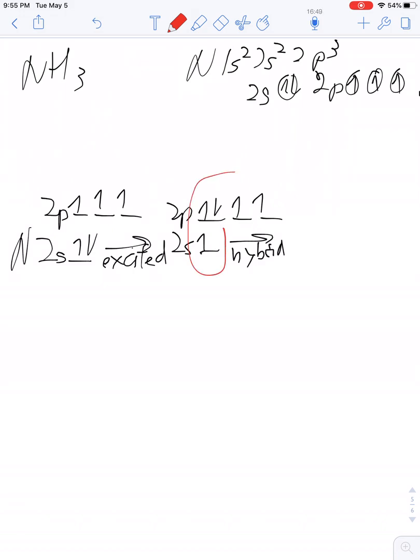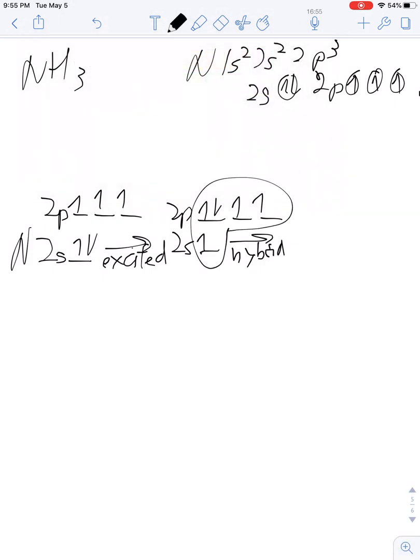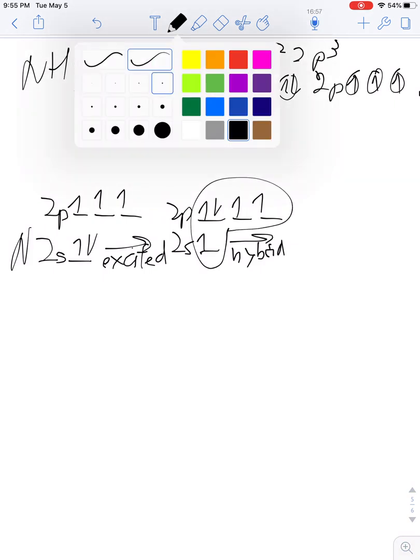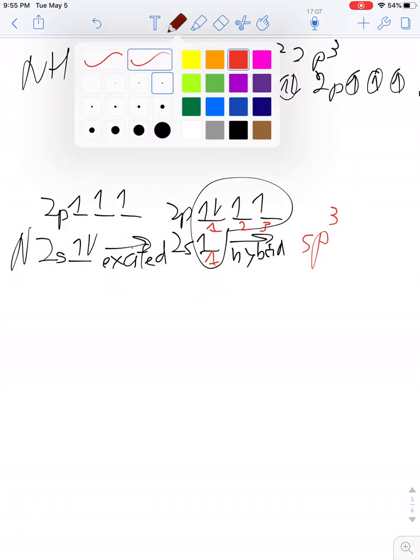So I'm hybridizing those. And I've got 1 s, 1, 2, 3 p's, so it's sp3 hybridization. Okay?